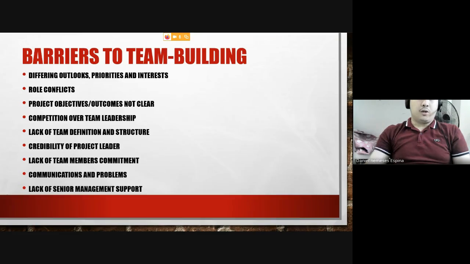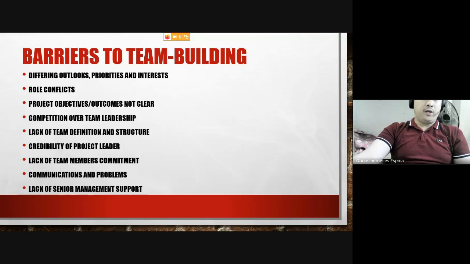The project objectives and outcomes are not clear. Okay? So, isa na siya sa maka-confuse sa mga team members. So, before they start the project, the objectives must be very, very clear, so as not to confuse the team members.